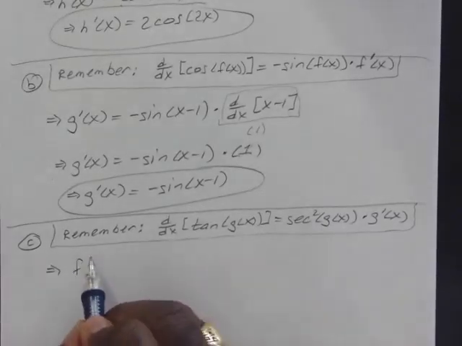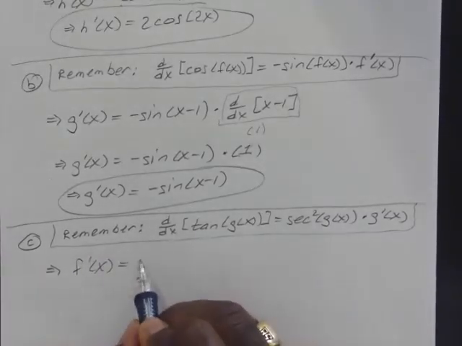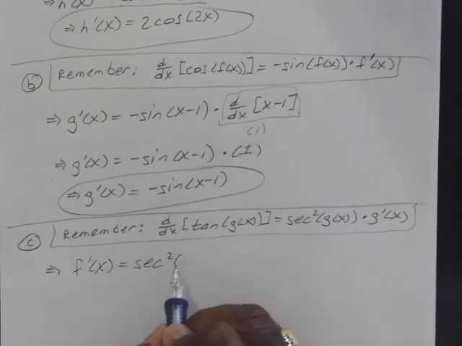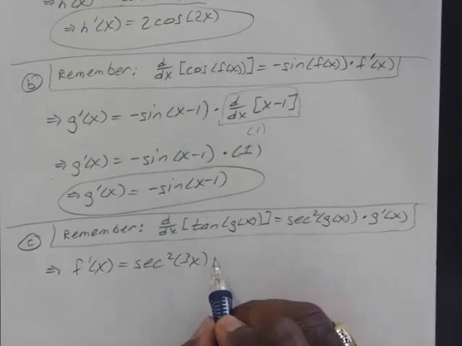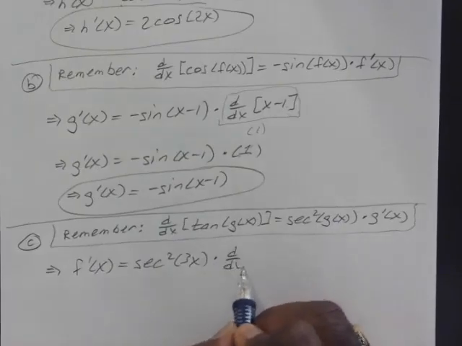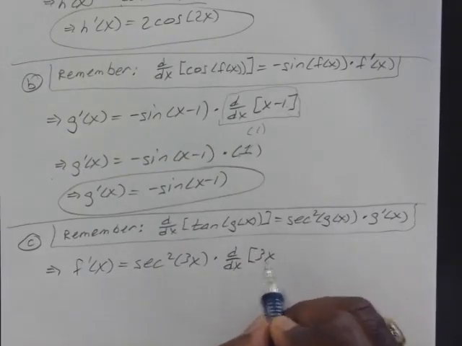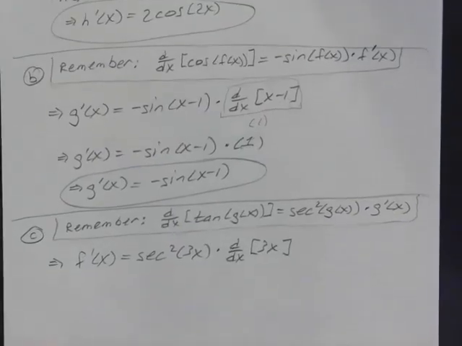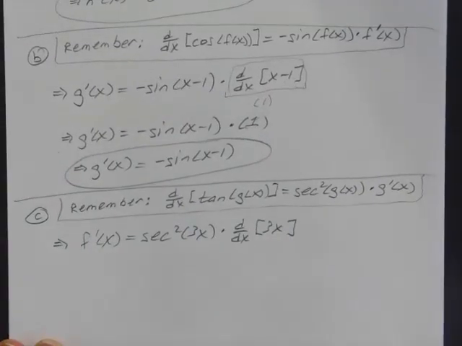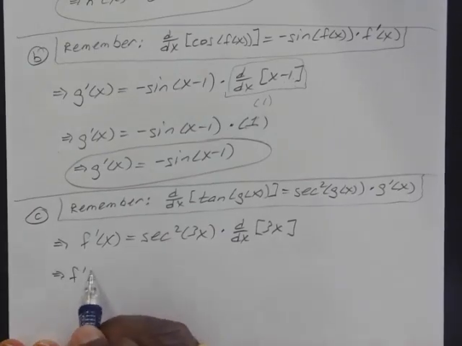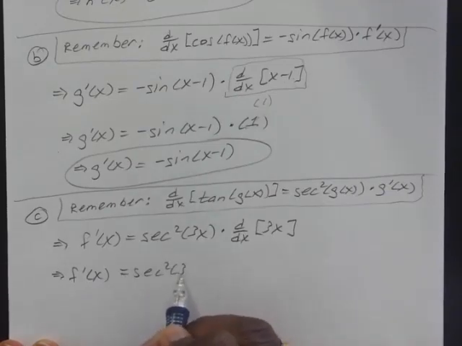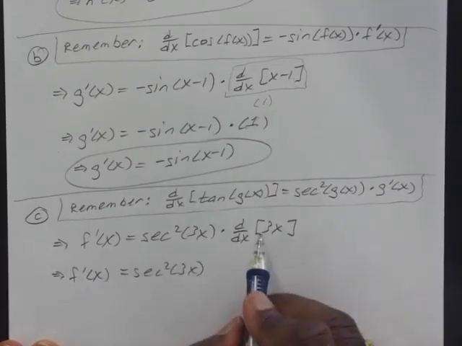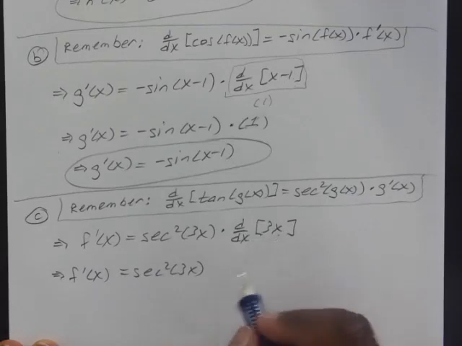So we know that f prime of x is equal to secant squared of 3x times the derivative of 3x, which is just 3.